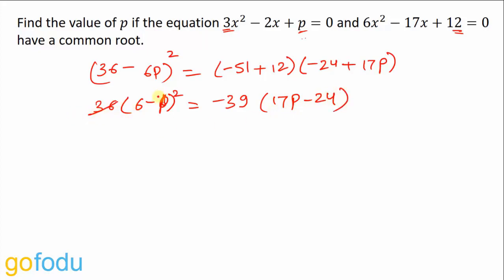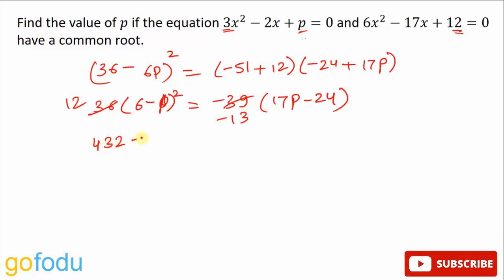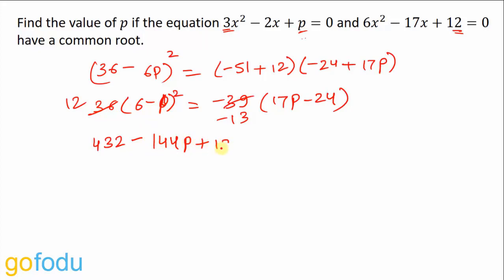Divide both sides by 3. This will be 12 and this will be minus 13. Now opening this bracket, this will be 6 square, that is 36 into 12 will be 432 minus 2 into a into b, that will be 12p, minus 12p into 12 will be minus 144p plus 12p square is equal to minus 13 into 17p will be minus 221p plus minus and minus plus 13 into 24 will be 312.